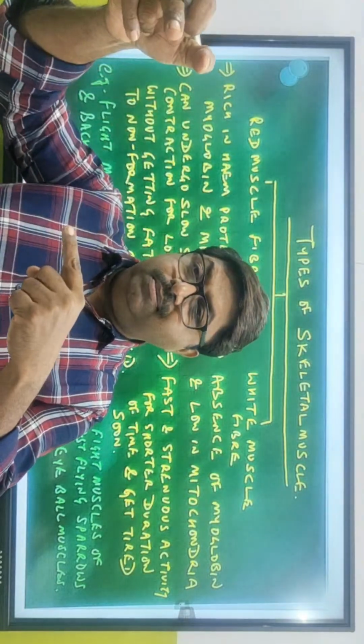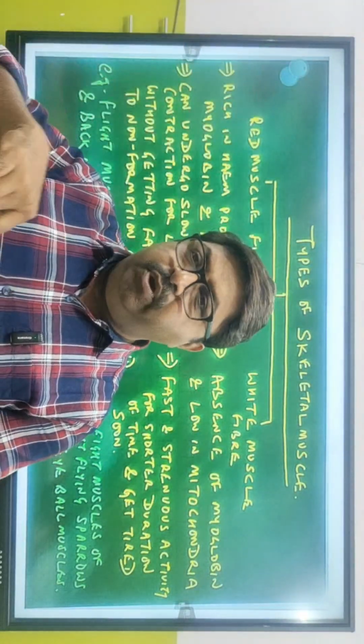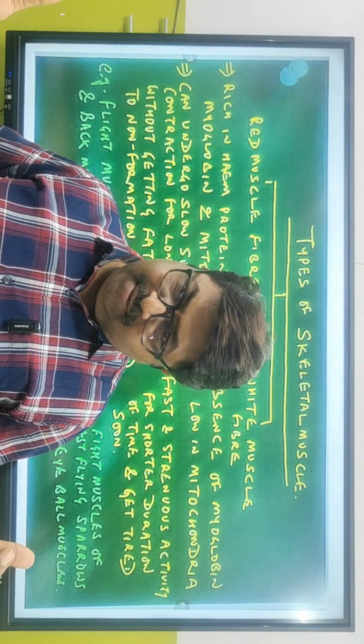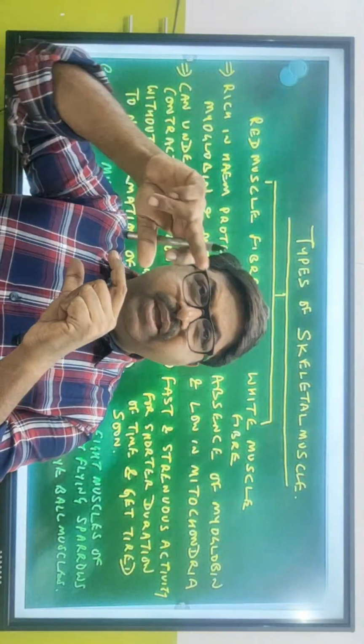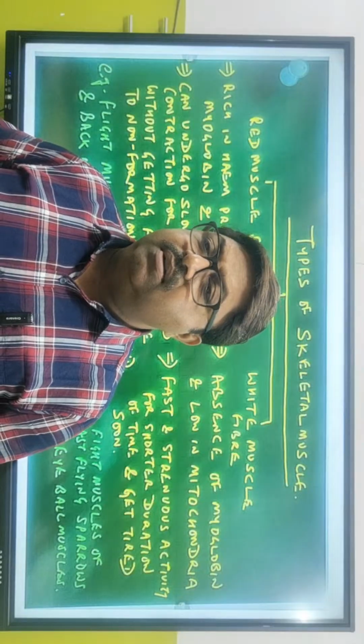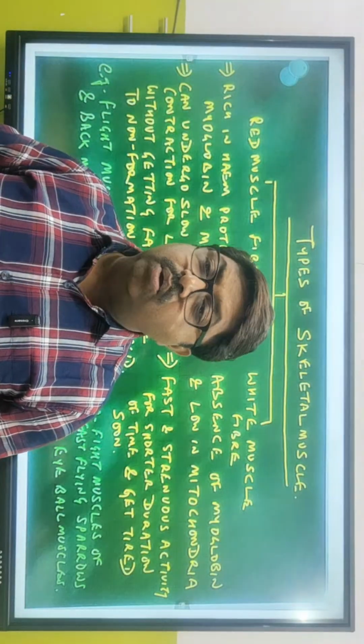Outside the neuron, where was sodium present in higher concentration? Intracellular fluid or extracellular fluid? Extracellular fluid. Got the point? Outside the cell, sodium was higher. So we call it ECF, extracellular fluid, and inside the cell, intracellular fluid.